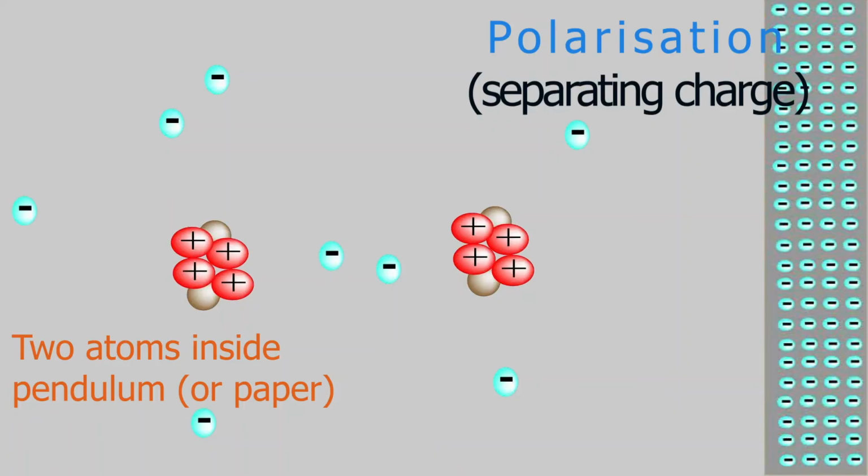You'll have noticed that the charged rod attracted the pendulum bob towards it, even though the pendulum bob had not been rubbed and therefore did not have an overall charge.